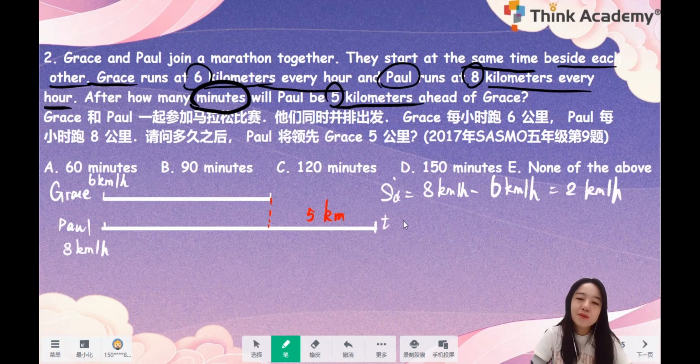And if we want to know the time, we need to use distance divided by speed, which is 5 kilometers divided by 2 kilometers per hour equals 2.5 hours.